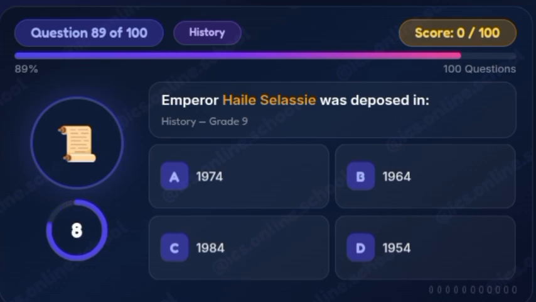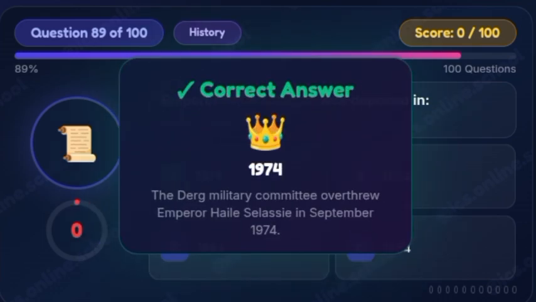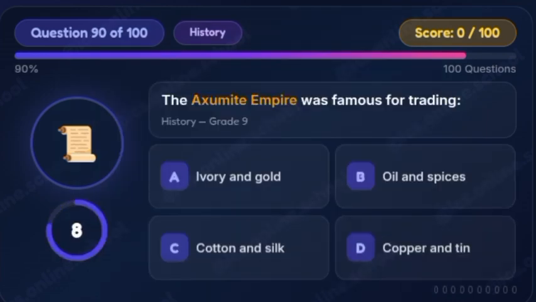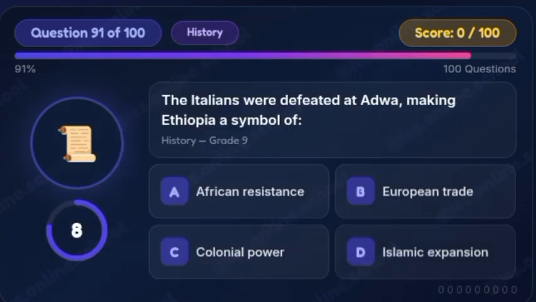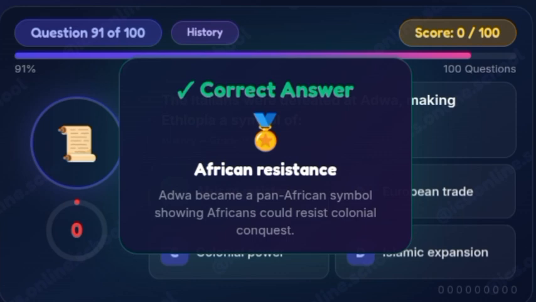Emperor Haile Selassie was deposed in 1974. The Aksumite Empire was famous for trading ivory and gold. The Italians were defeated at Adwa, making Ethiopia a symbol of African resistance.